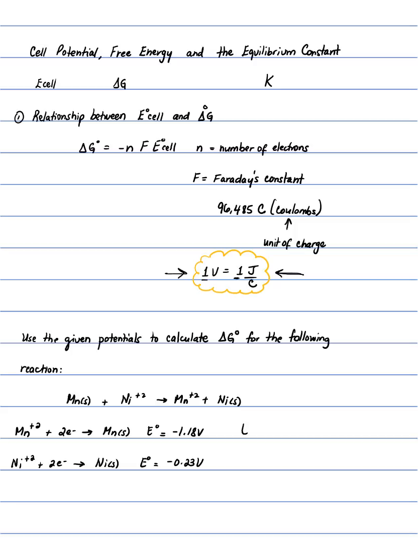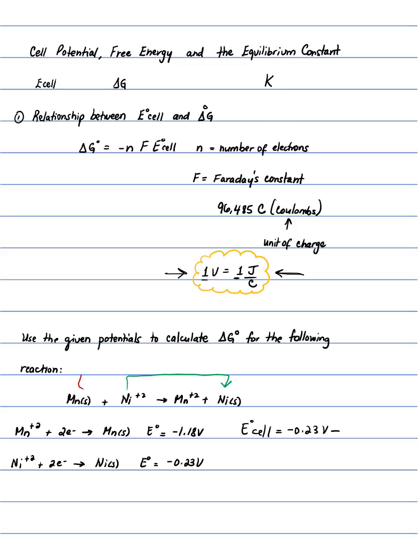So I'm going to write down here my cell potential. Which one is being reduced? Because it's the cathode first, so nickel plus 2 to nickel solid. That represents the reduction. So that will be negative 0.23 volts minus.